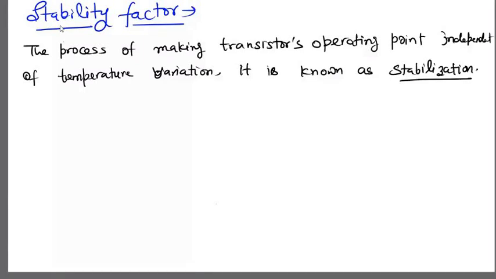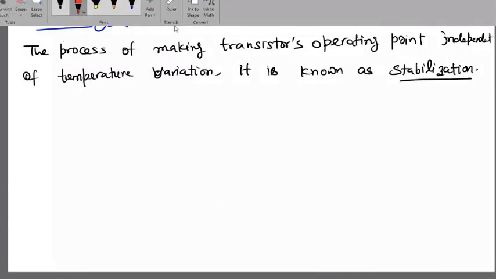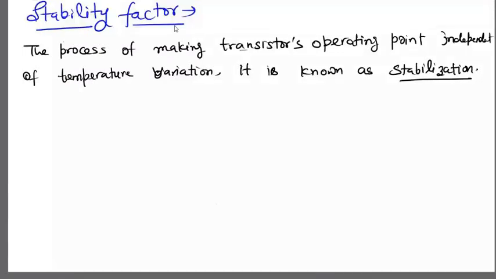And this is a very important line here. We are making the transistor's operating point free from temperature variation. If I'm talking about temperature variations from the diode, you know that there is one current that is temperature dependent, called reverse saturation current.